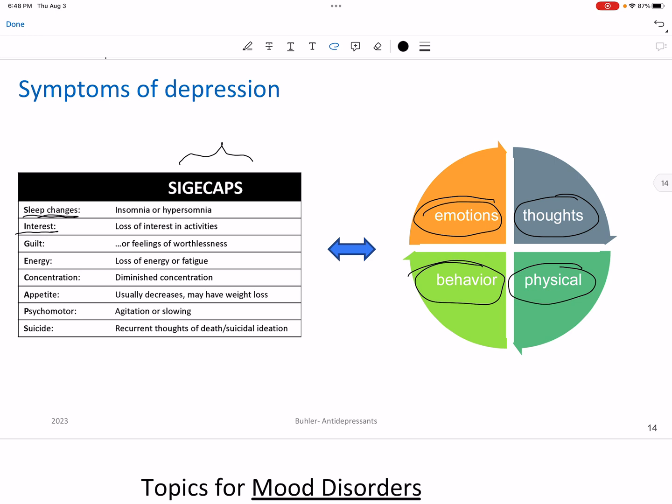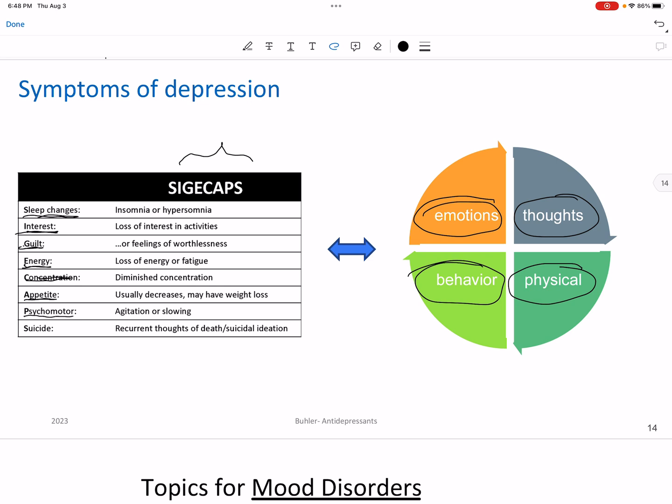You've got a loss of interest in activities, that would be an emotional or thought symptom. Some of these are hard to distinguish exactly which quadrant they're in. Can have feelings of guilt, low energy or fatigue, diminished concentration, usually decreased appetite, but sometimes people have weight gain, though most people have diminished appetite.